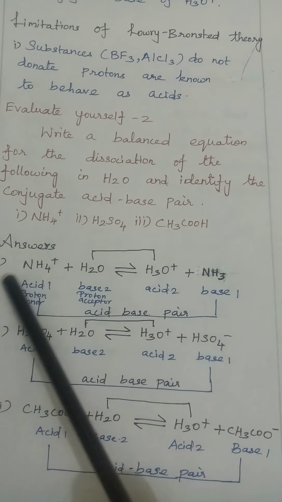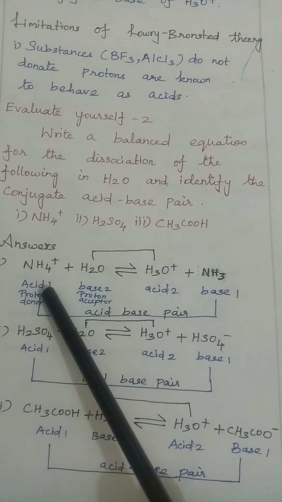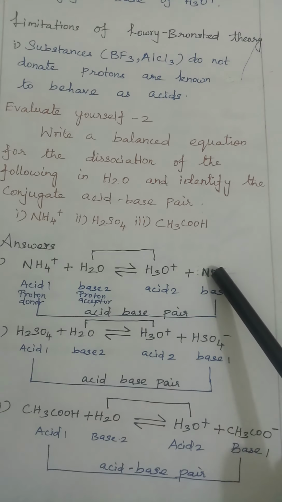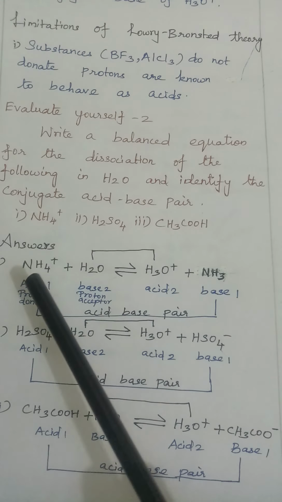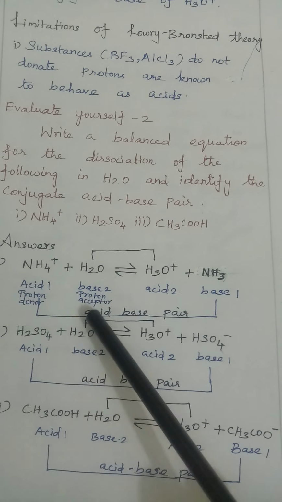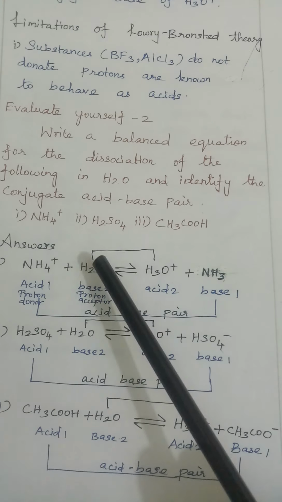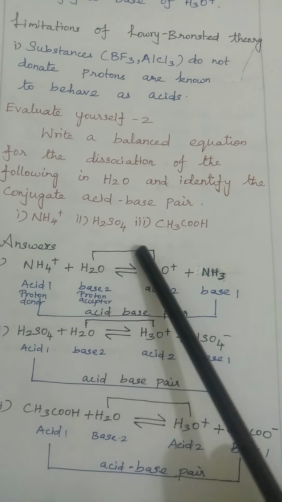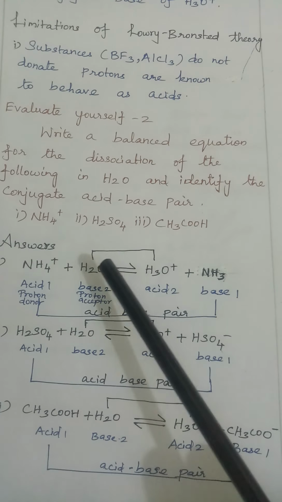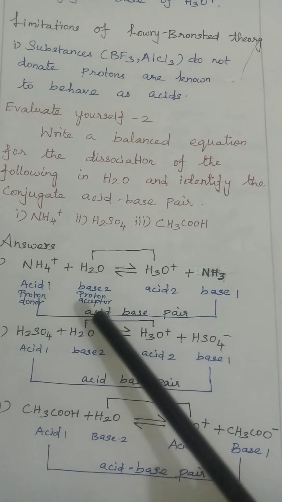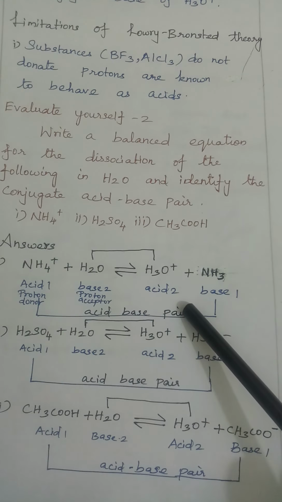NH4 plus acts as acid. Acid means proton donor. After donating the proton, this becomes NH3. So NH4 plus and NH3 are said to be a conjugate acid base pair. H2O is said to be a base. It accepts a proton and becomes H3O plus. So H2O and H3O plus are a conjugate acid base pair.